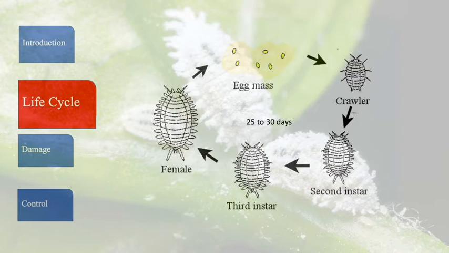The first instar nymph, which is a crawler, disperses to settle primarily on the leaves as well as on the stems, leaf petioles, and bracts of fruiting cotton. Development from crawler to adult ranges from 25 to 30 days, depending upon the temperature.